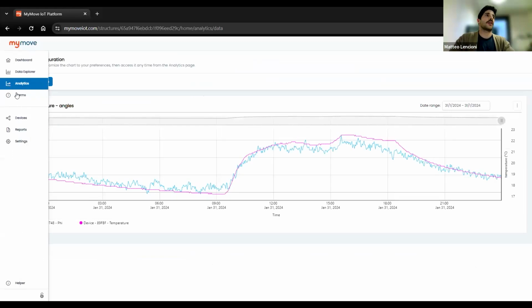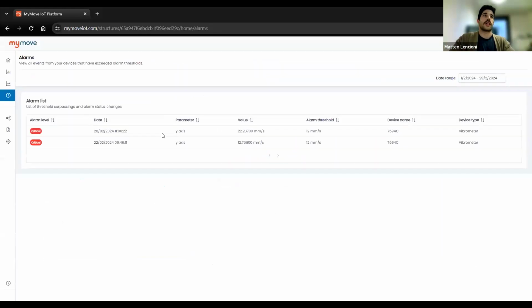Something else that you can do is to look at the alerts. So the alarm page shows you all of the alerts that were triggered within a certain time range. Here it is.